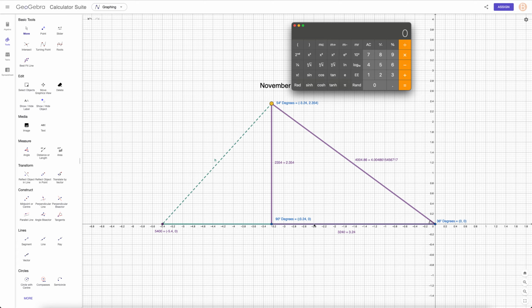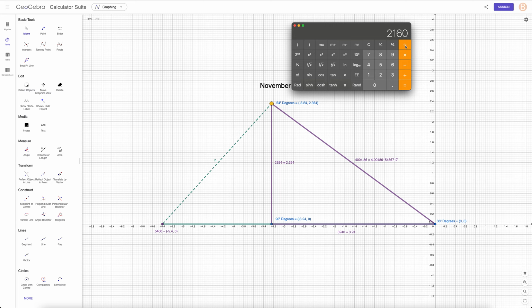Very simple. I measure my angle to be 36 degrees, and I multiply that by 60, which will give me 2,160.